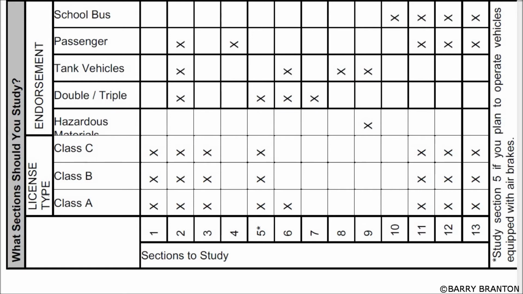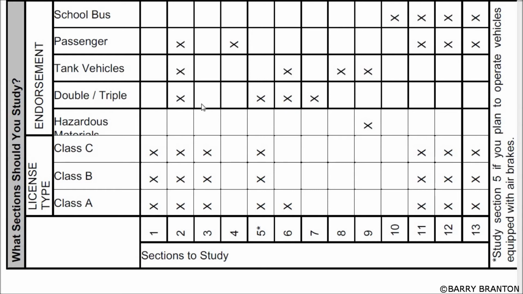And then above the license type here, we have the endorsement. So there are 1, 2, 3, 4, 5 license endorsement types, starting with school bus, then passenger, tank vehicle, double, triple, and hazardous materials. And you could also classify Section 5 as a type of endorsement.